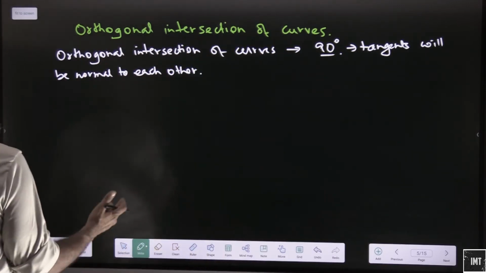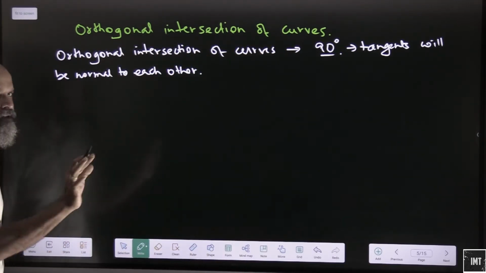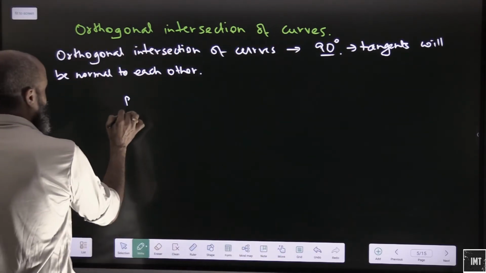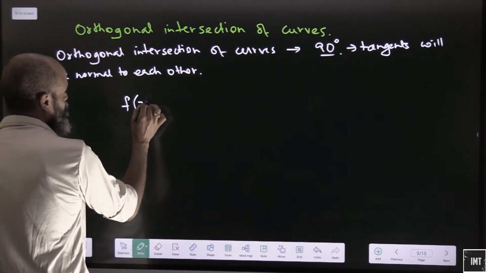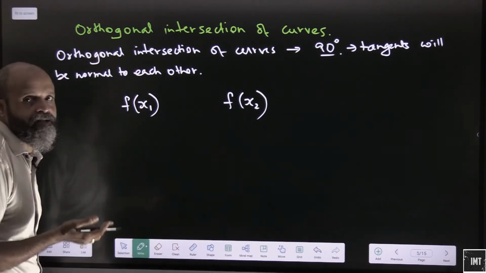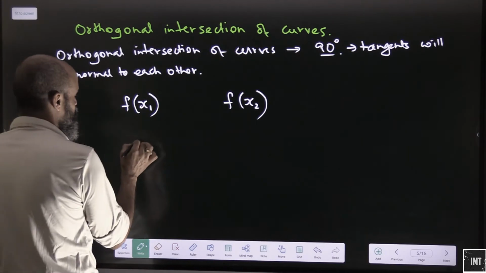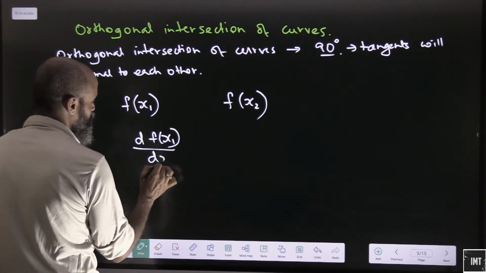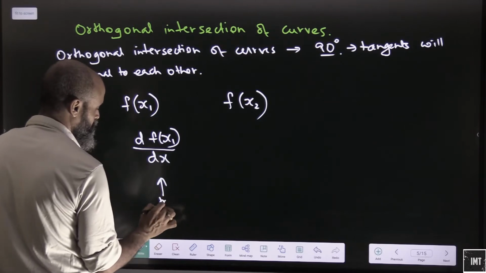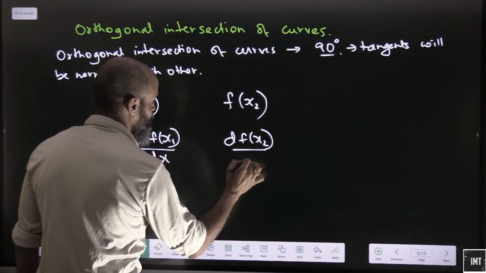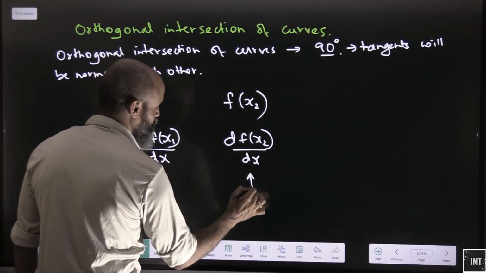Okay, so now let's talk about it. See, there is no point in stretching this actually. If we have a curve, let's say f(x1), and a curve f(x2), and they intersect orthogonally, then obviously d f(x1) by dx is nothing but m1, and d f(x2) by dx is nothing but m2.